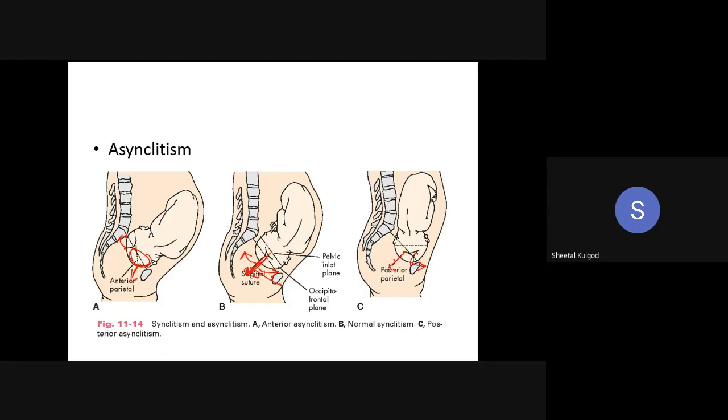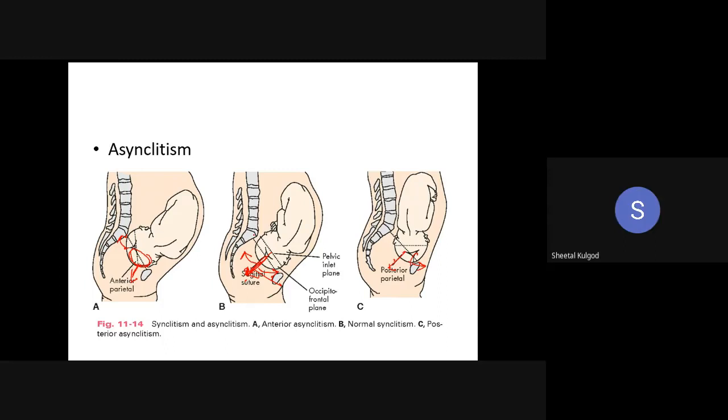So here it is a posterior asynclitism. Whenever the sagittal suture is occupying the central plane, it is called synclitic engagement. When there is a posterior tilt and the anterior parietal bone is presenting, it is called anterior asynclitism, and the opposite is called posterior asynclitism. Did you get this concept?